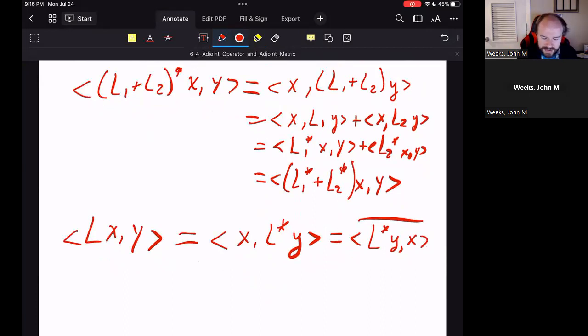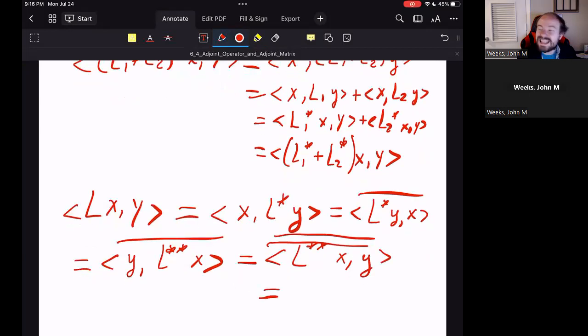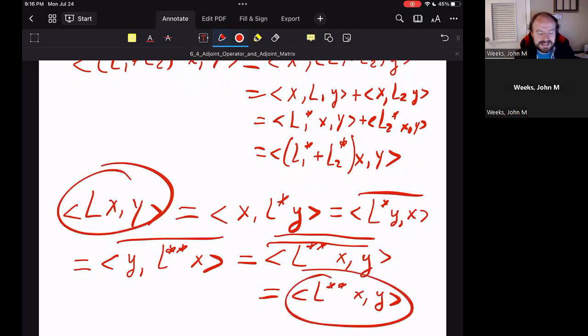Well, at this point, I have L star, and I can move that over here at the cost of gaining another star, thanks to the definition of adjoint. And then finally, I can flip the first and second arguments one more time to get L star star of x comma y at the cost of gaining another bar. But remember that taking two bars is the same as getting back to the original value. So indeed, these two end up being the same as well. So L is equal to L star star.